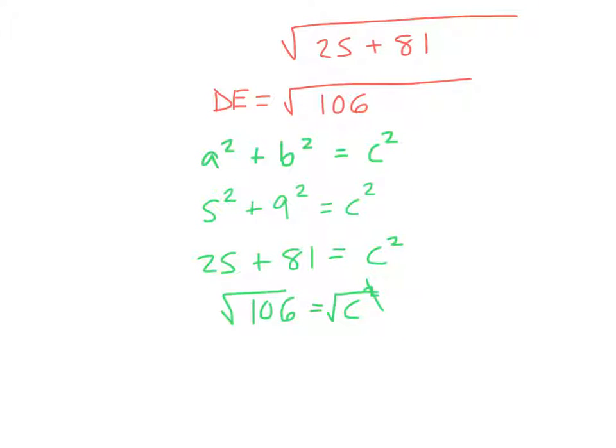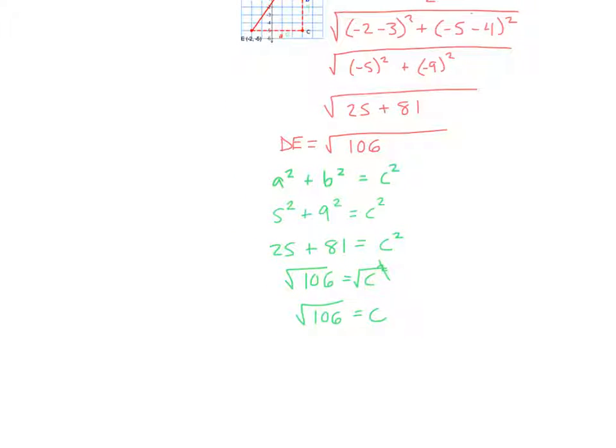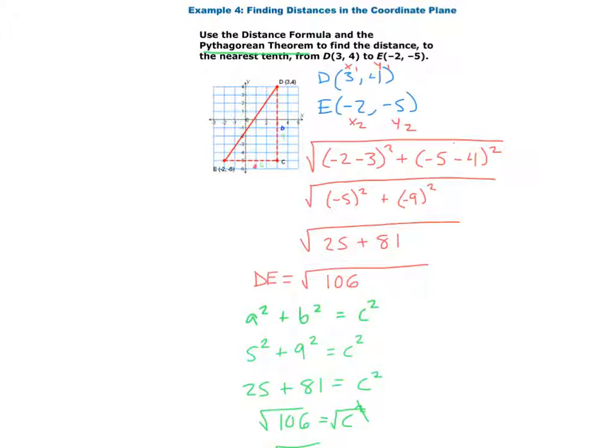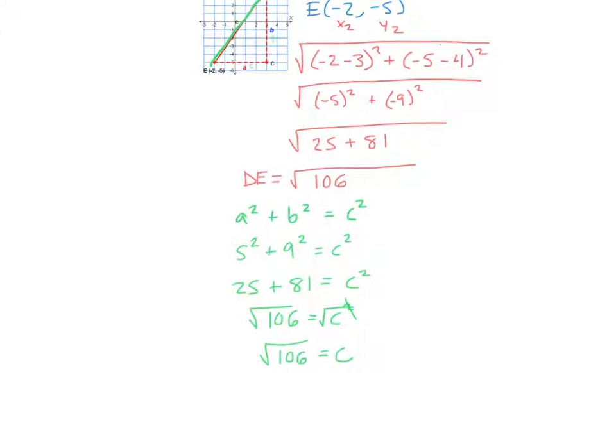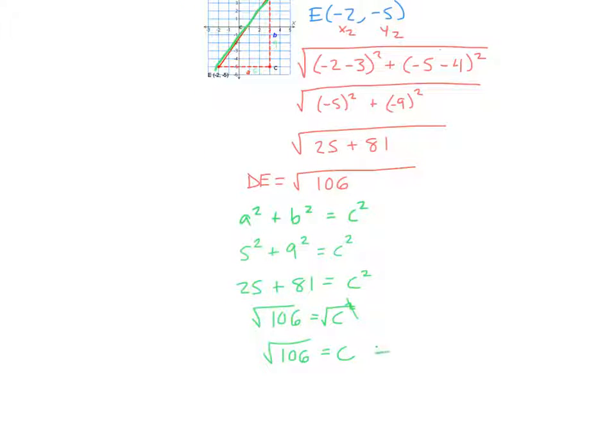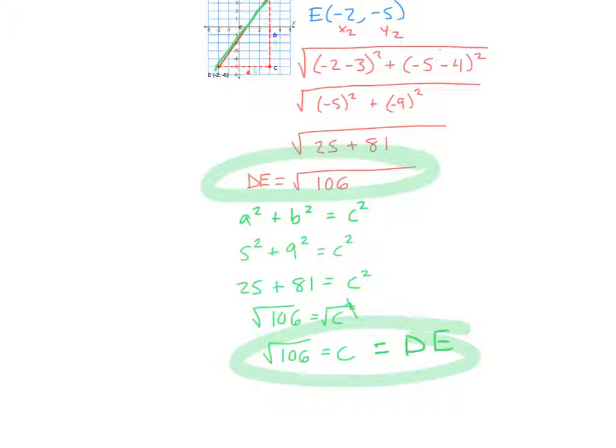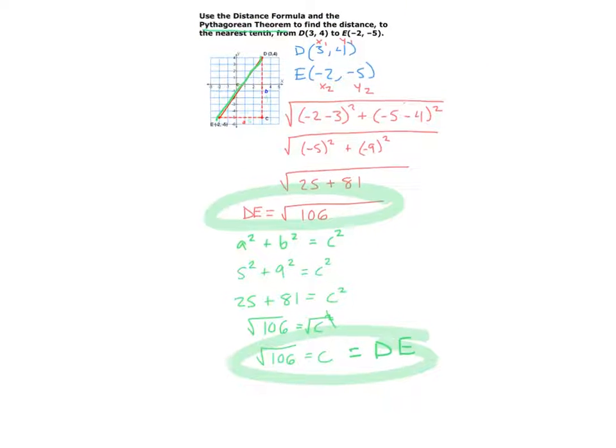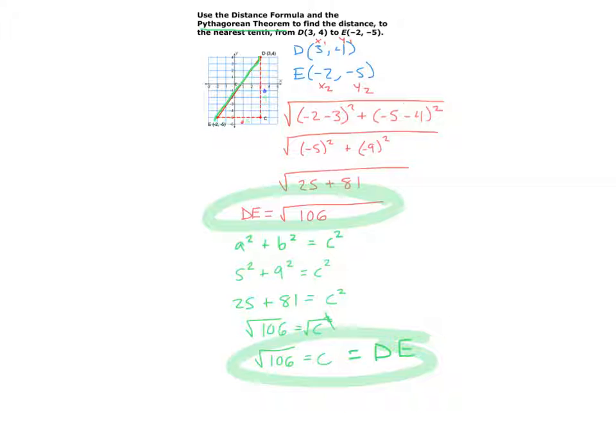So we're left with square root of 106 is equal to c. And c is the length of DE. Which is what? So this is the same as this. So this is just two different methods of finding the same length.